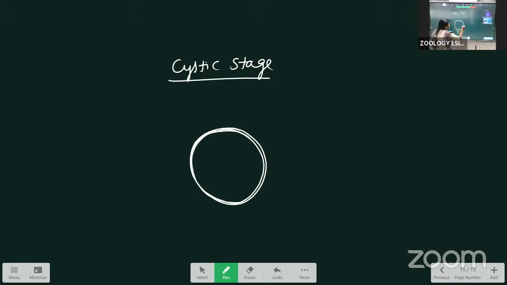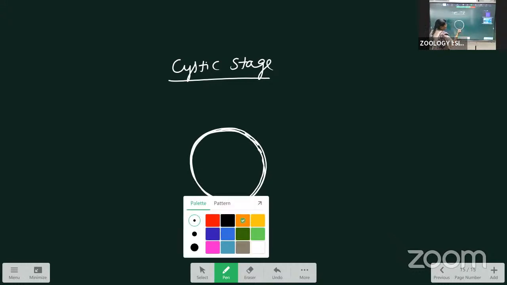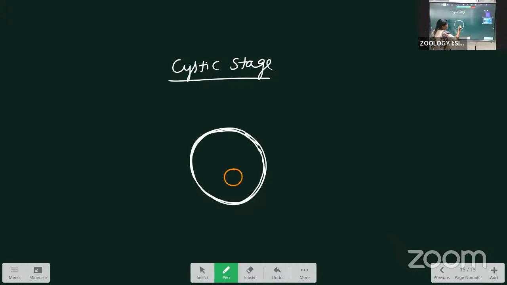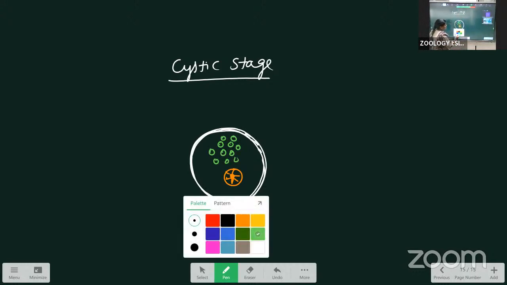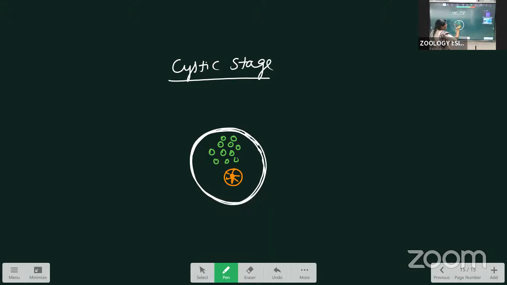The cyst is surrounded by this to tide over unfavorable conditions. Here the cartwheel shaped nucleus is present. All the stages have the cartwheel shaped nucleus. And the glycogen granules. Next, the chromatoid bars.